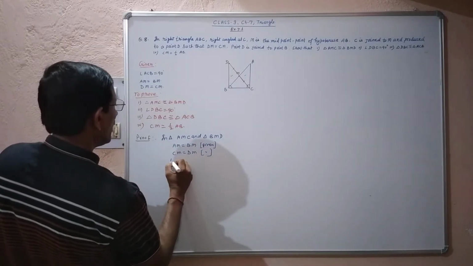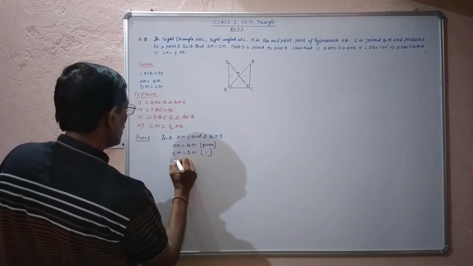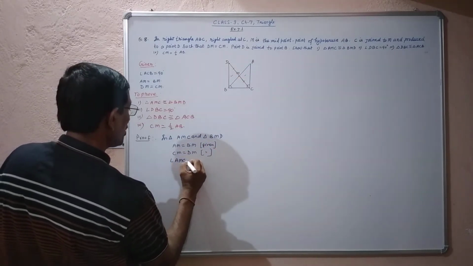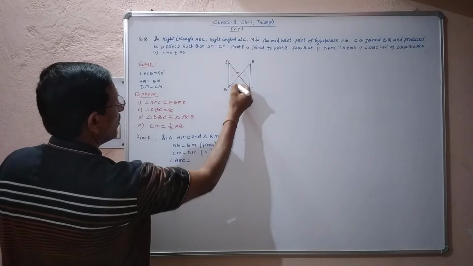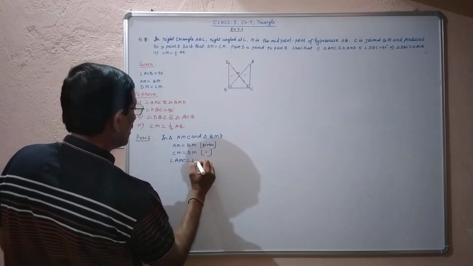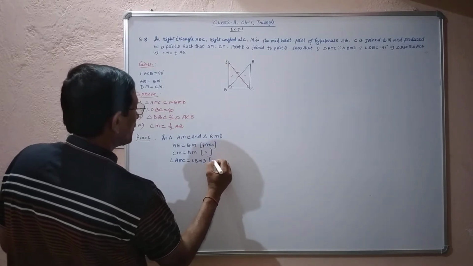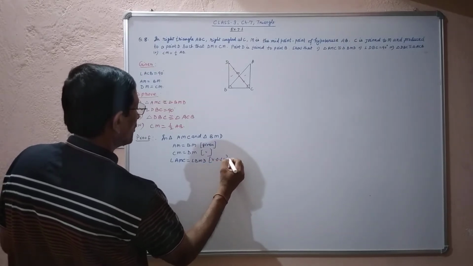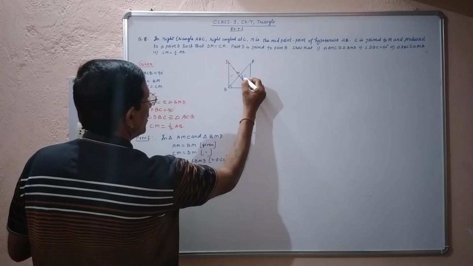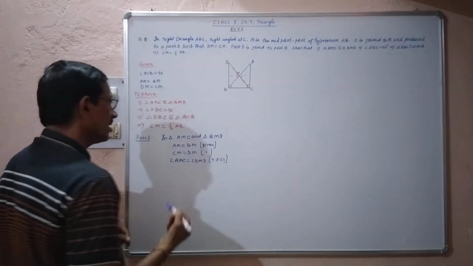And now angle AMC is equal to angle BMD, because they are vertically opposite angles. You will write this angle is equal to this angle, vertically opposite.